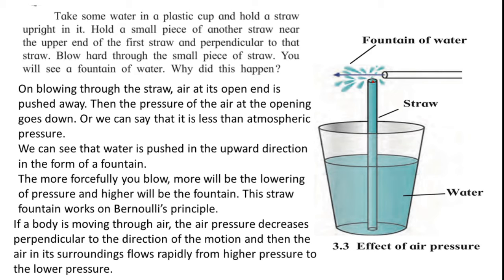So we can see that water is pushed in the upward direction in the form of a fountain. The more forcefully you blow, the more will be the lowering of pressure and the higher will be the fountain.